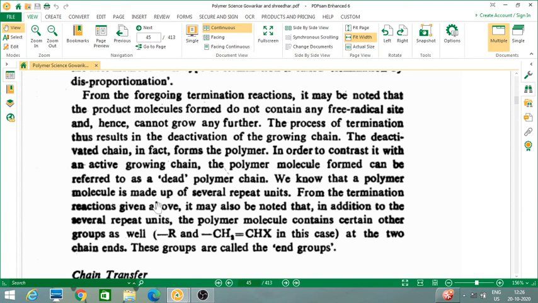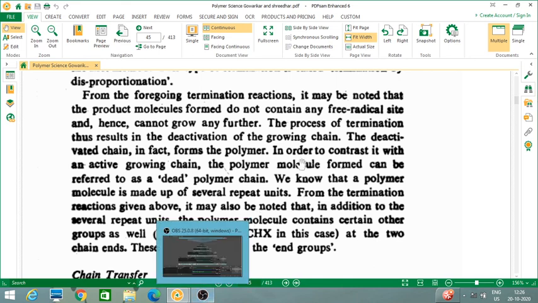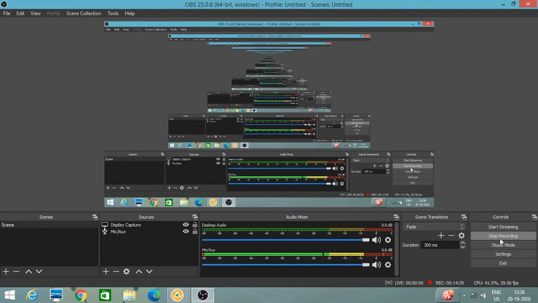From the termination reactions given above, it may also be noted that in addition to several repeating units, the polymer molecule contains certain other groups as well, like R and CH2=CHX, at the two chain ends. These groups are called the end groups. So this is all regarding free radical polymerization. I hope you understand. Read it again and you'll get it.